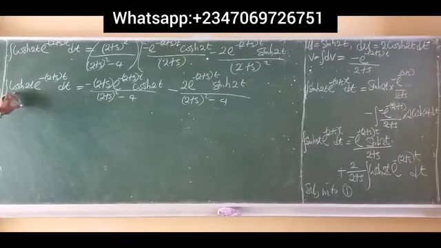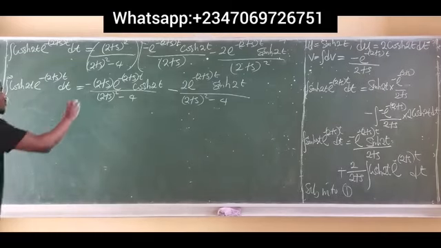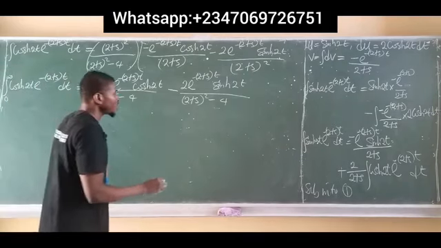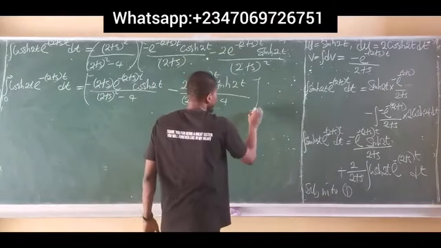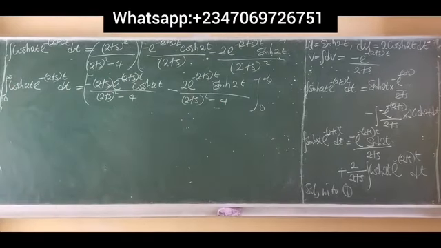Remember, the Laplace transformation of this function must always be between 0 and infinity. So if I effect this limit, then this becomes the Laplace transformation of this function. Hence, I have to effect the limit by looking for the values at the limit 0 to infinity. The upper limit is infinity, the lower limit is 0.